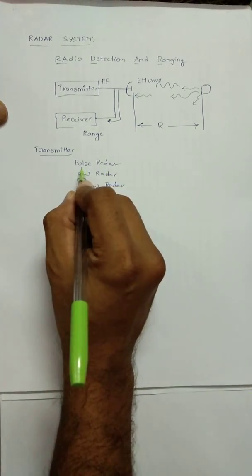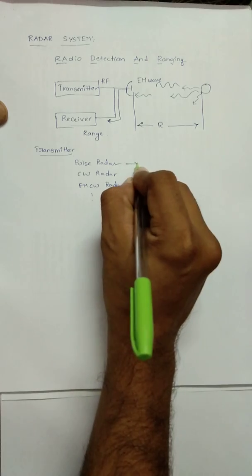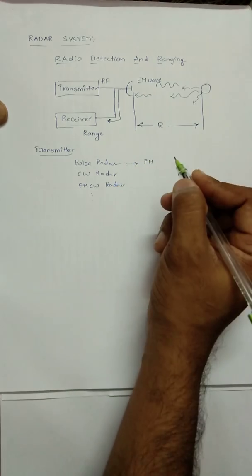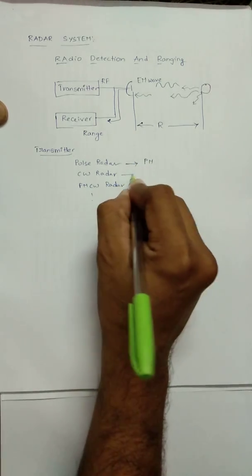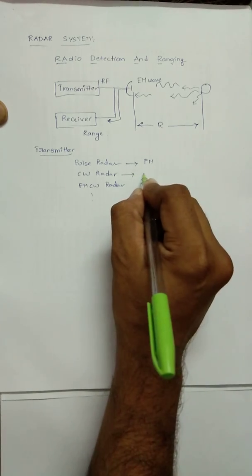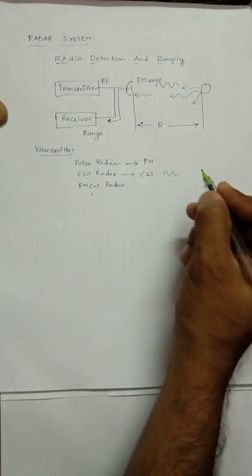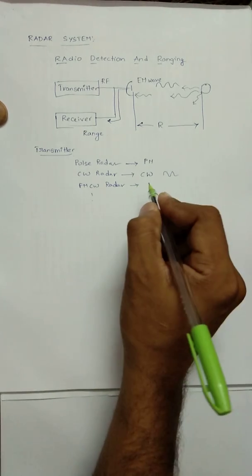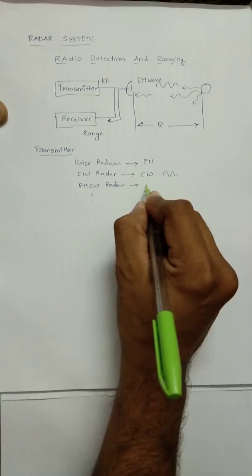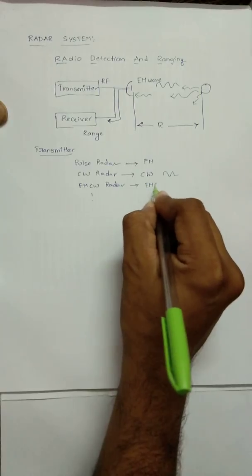Suppose if you are taking pulse radar into consideration, we are emitting a pulse modulated signal. In the case of CW radar, a continuous wave is emitted from the radar system. In the case of FMCW radar, we are emitting a frequency modulated continuous wave.